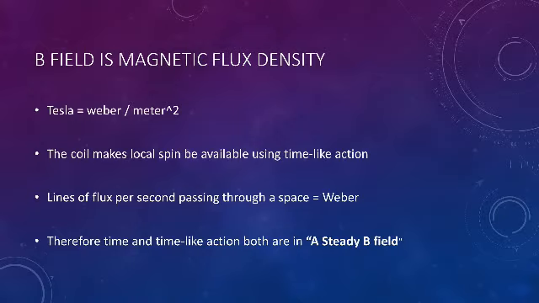And with that in mind, we can look at the standard units of measure. The Tesla is the B field, the magnetic flux density. That's the number of Webers per square meter. Now, a Weber is defined on the third line here. It's the lines of flux per second passing through a space. And a line of flux is a line drawn between a proton and an electron.